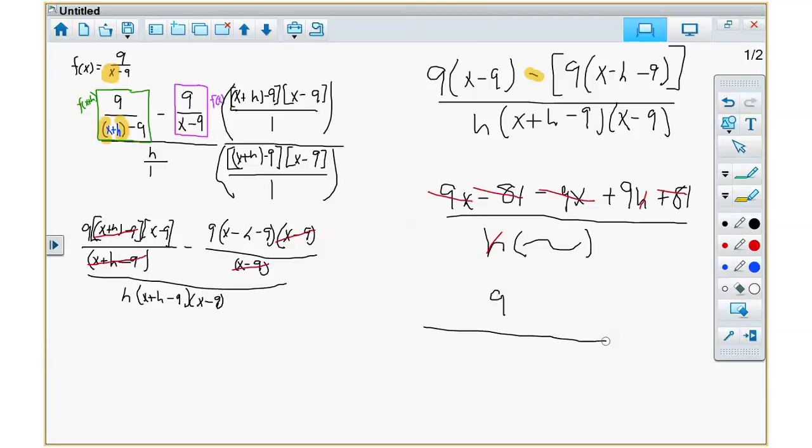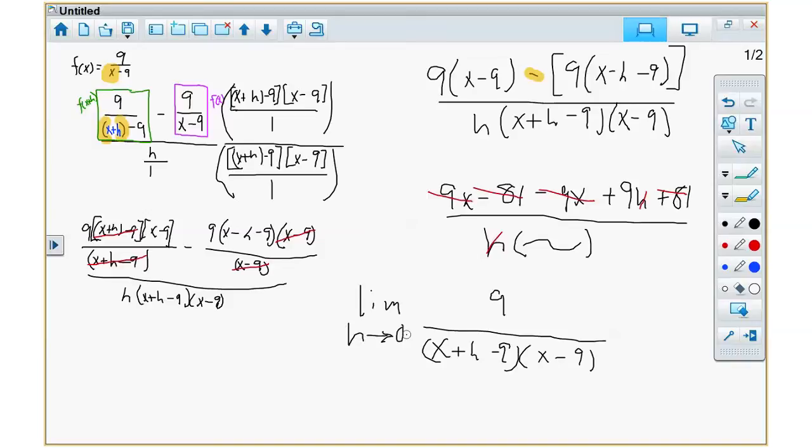over x plus h minus 9 times x minus 9. Now we just bring in our limit that we learned as h approaches 0.